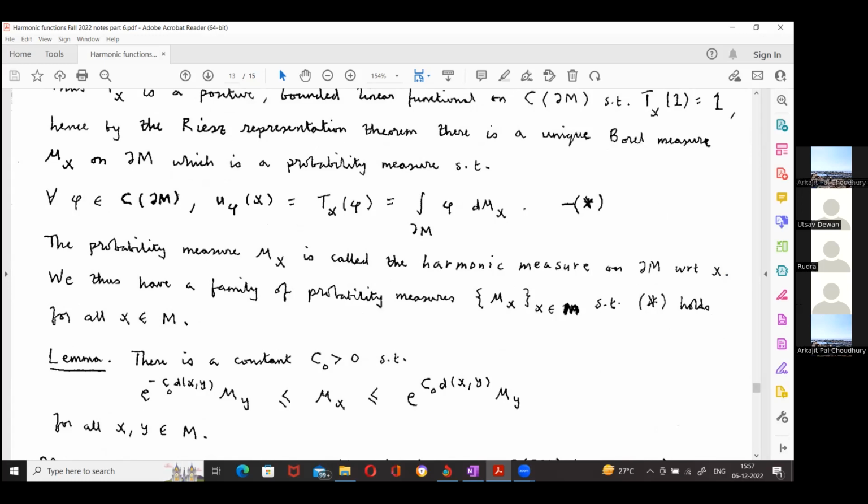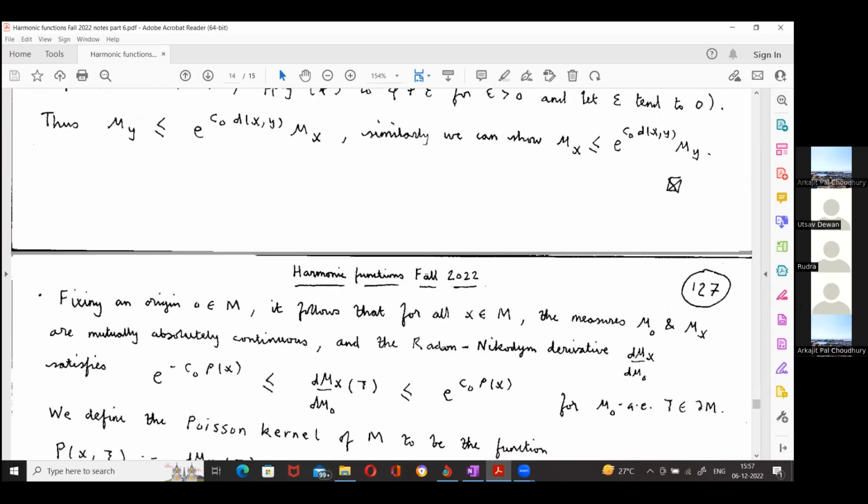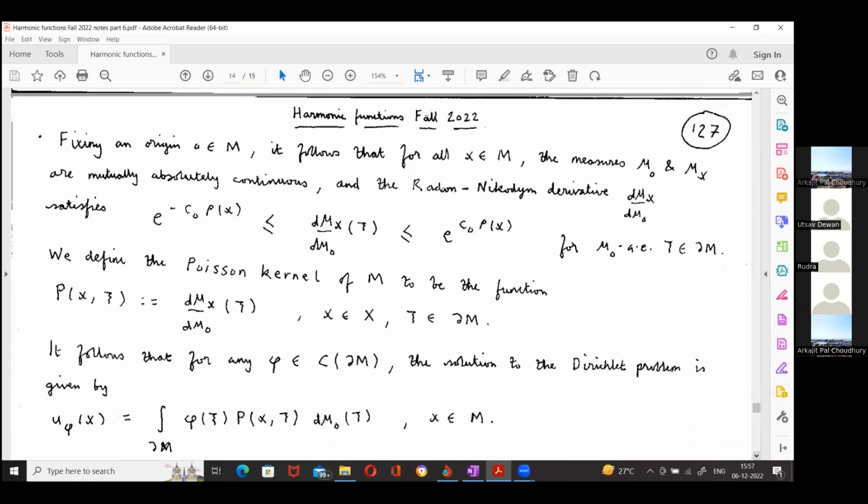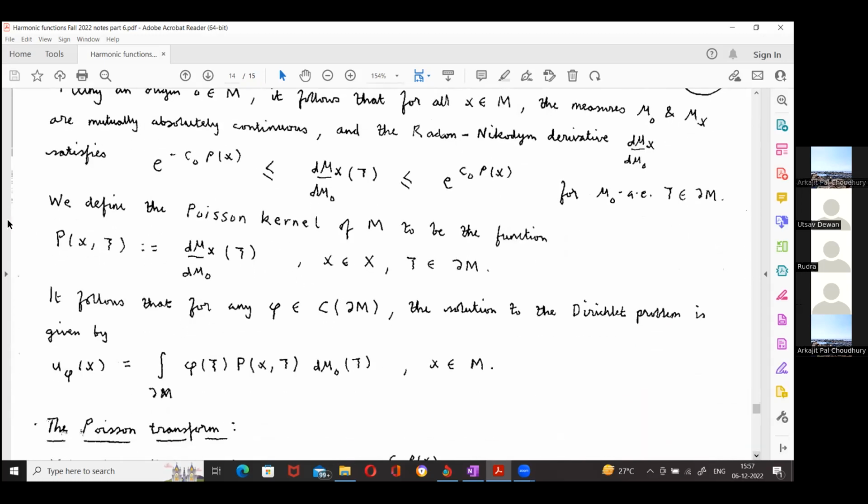And because these are mutually absolutely continuous, we can define their Radon-Nikodym derivatives. So that gives us what's called the Poisson kernel of the whole space, right? The Poisson kernel is defined to be a function of two variables, x and xi. It is the Radon-Nikodym derivative of d mu x with respect to d mu 0, where 0 is a fixed base point, right?